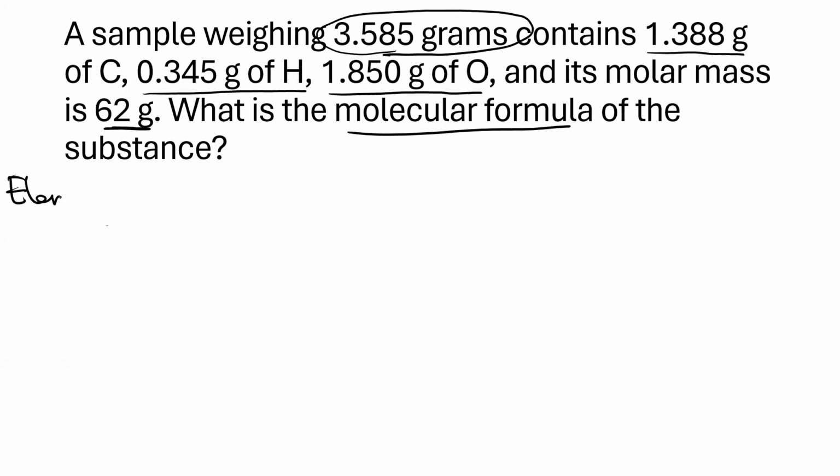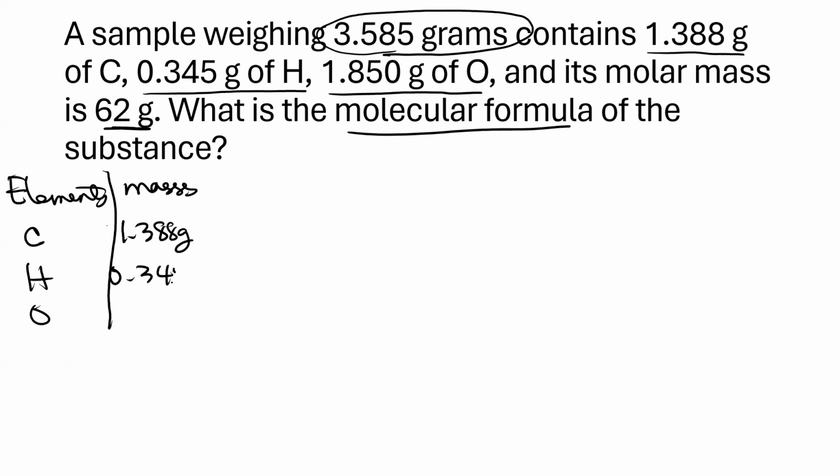For the first column, we have the elements, right? So you have carbon, hydrogen, and oxygen. So we have the masses of the compounds. That's carbon 1.388 grams, hydrogen 0.345 grams, oxygen 1.850 grams.